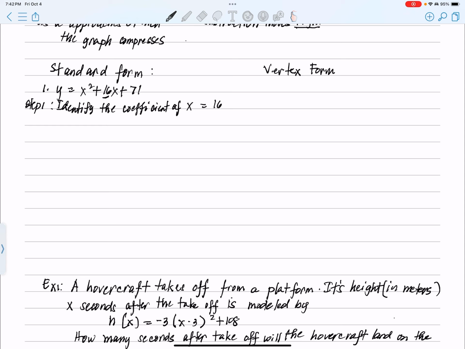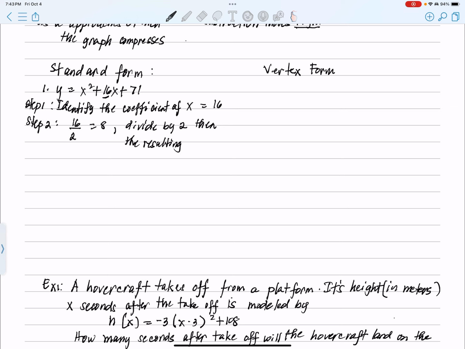Okay? Step 2. Divide 16 by 2. Okay? So we divide our number by 2, and that is 8. Then after dividing, we have to square it. Then the resulting number we have to square.